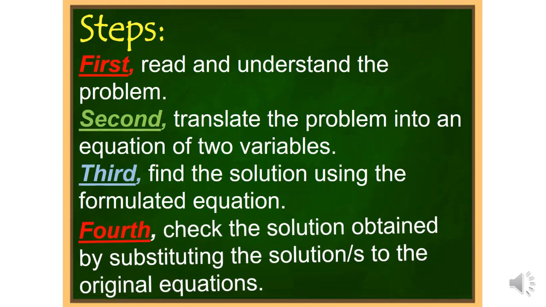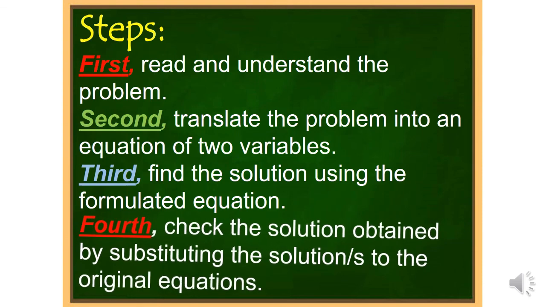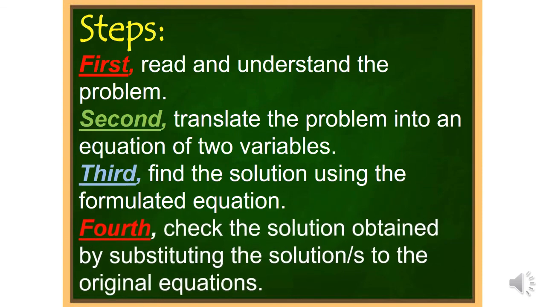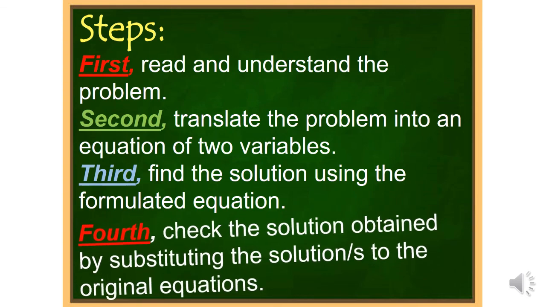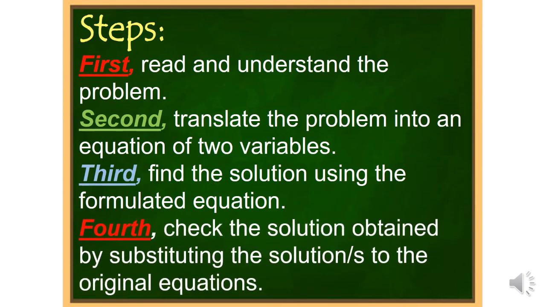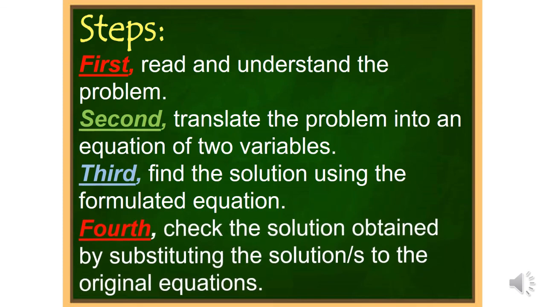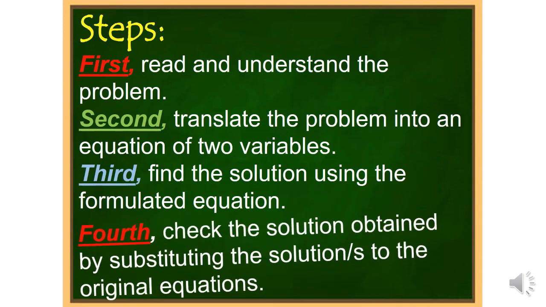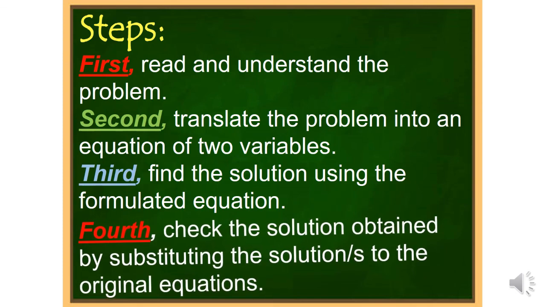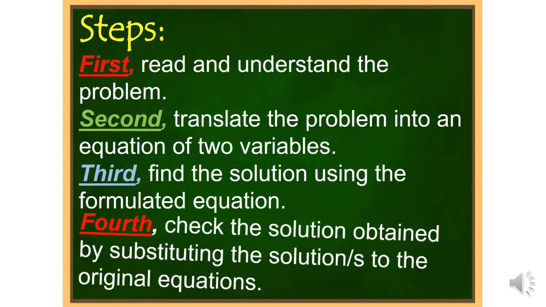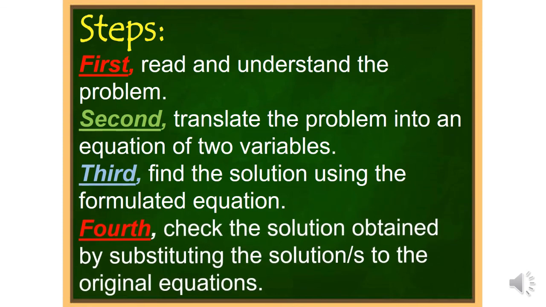First, read and understand the problem. Second, translate the problem into equations of two variables. Third, find the solution using the formulated equations. And lastly, check the solution obtained by substituting the solution to the original equations.